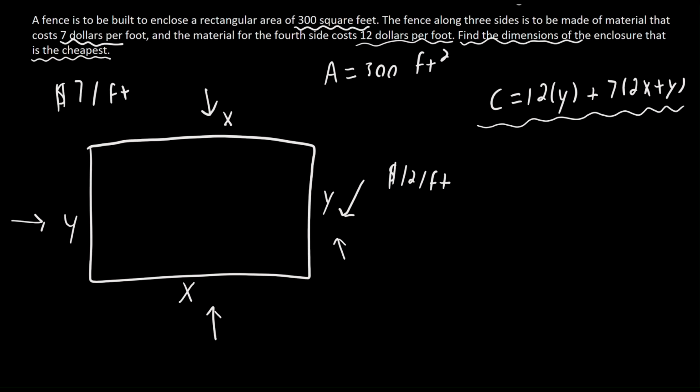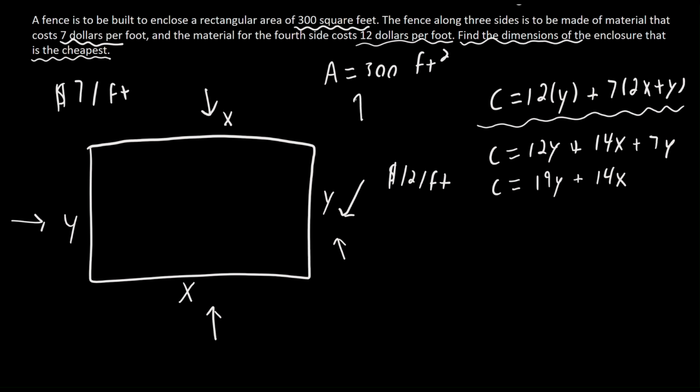So let's just simplify. Again, we have the cost in terms of two variables, so we're going to want to sub in one or the other to only have it in terms of one variable.